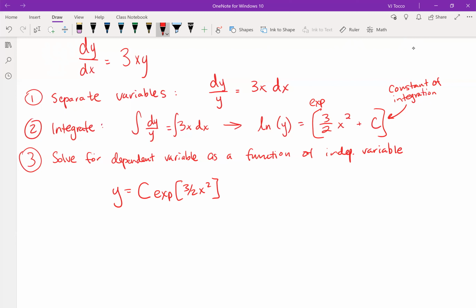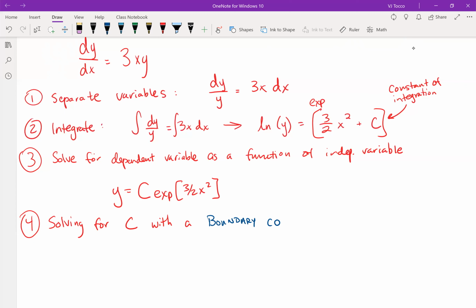And then step 4 is solving for the constant of integration with a boundary condition. And that's an important vocabulary word for differential equations.